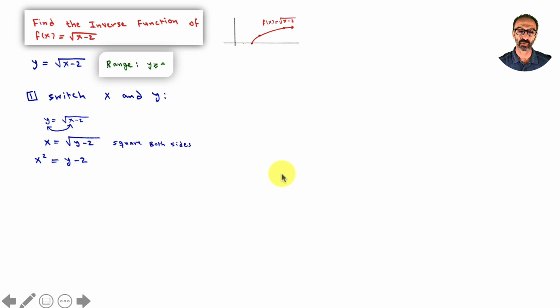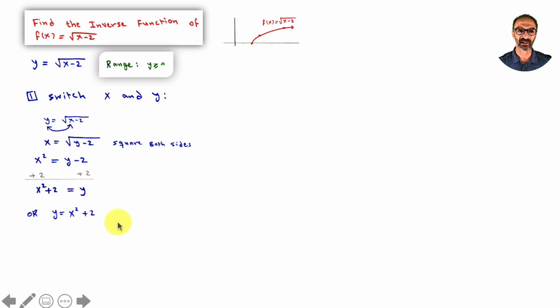Now we have x squared equals y minus 2. We're going to add 2 to both sides. This cancels and we'll have y by itself equals x squared plus 2. Or if you rearrange, having y on the left, you'll have y equals x to the second plus 2.